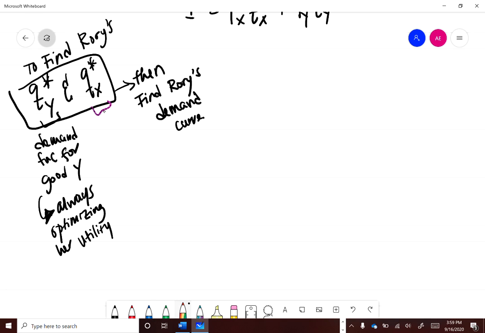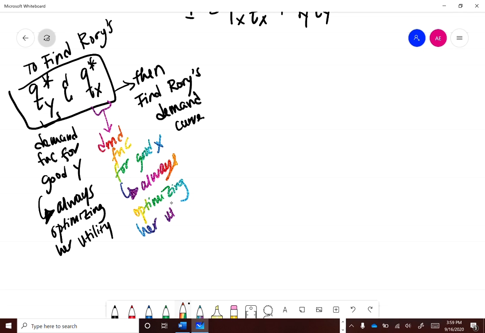This is the demand function for good X, and Rory is always optimizing her utility in this function.